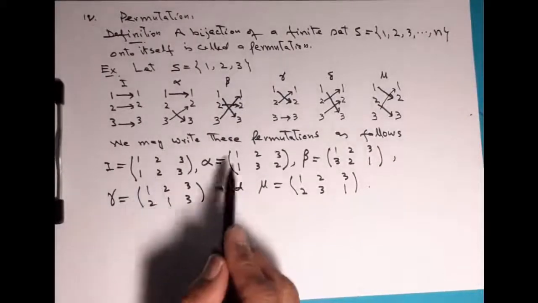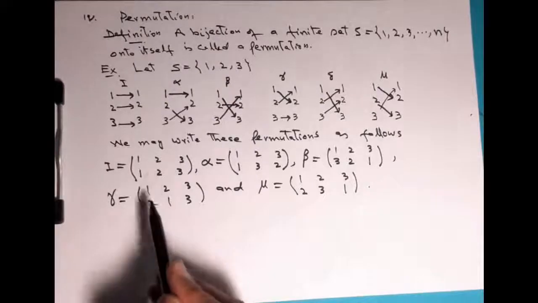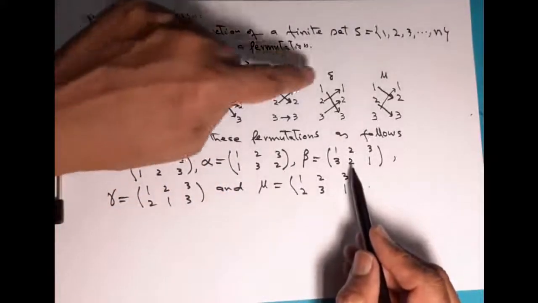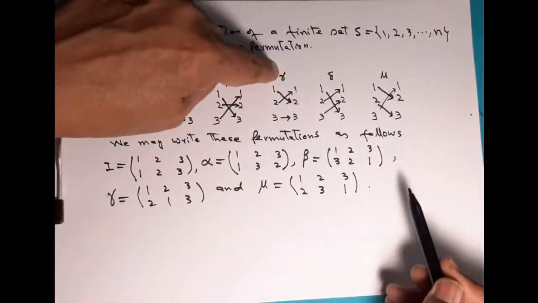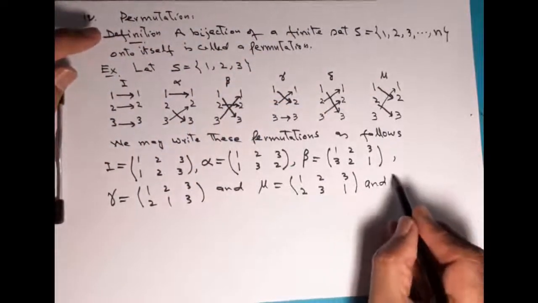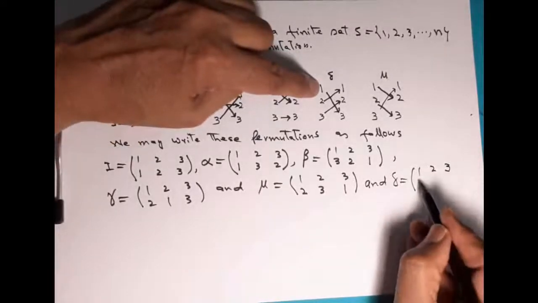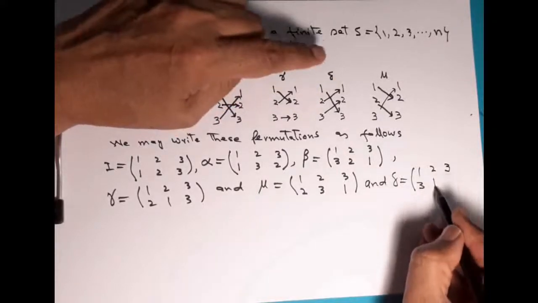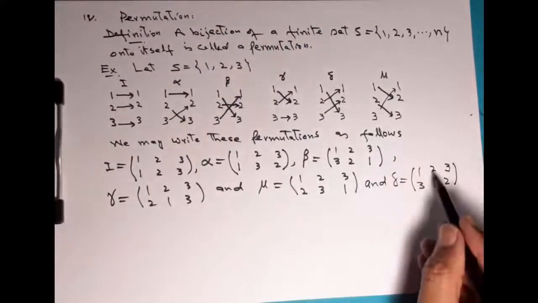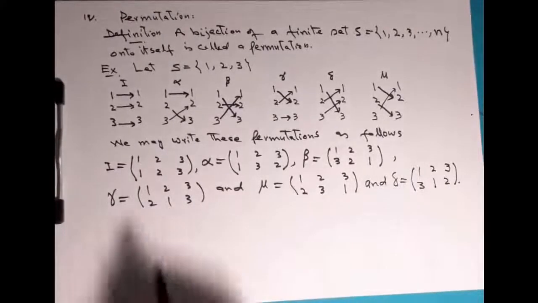Note that we have written identity permutation, we have written alpha, we have written beta, we have written gamma, and we have not written delta, and let me write delta as well, and delta is equal to 1 2 3, 1 goes to 3, 2 goes to 1, 3 goes to 2। मैं इसे लिखना भूल गया था। So these are 1 2 3 4 5 and 6 permutations on 6 elements.